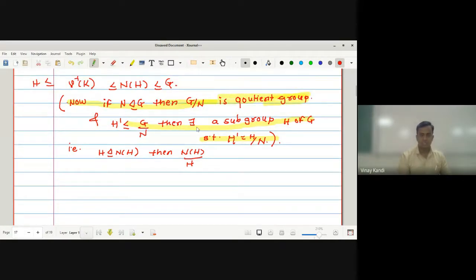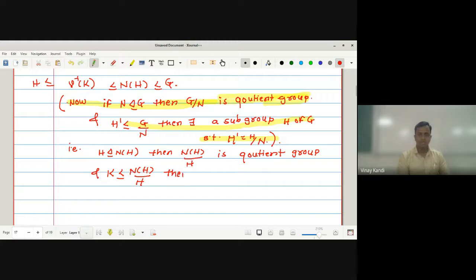N of H upon H is a quotient group, and K is a subgroup of this one, N of H upon H. We proved it. Okay, this is the quotient group of N of H upon H.